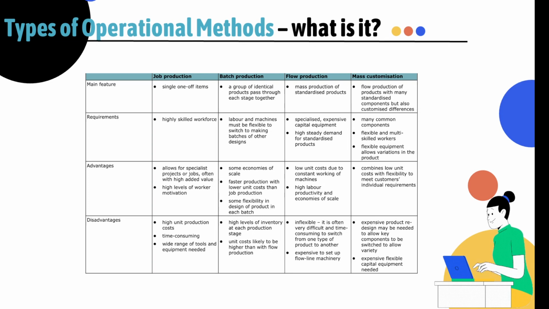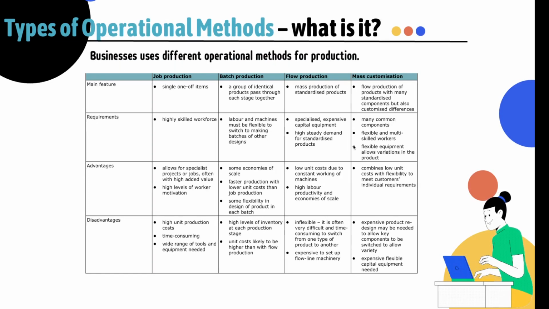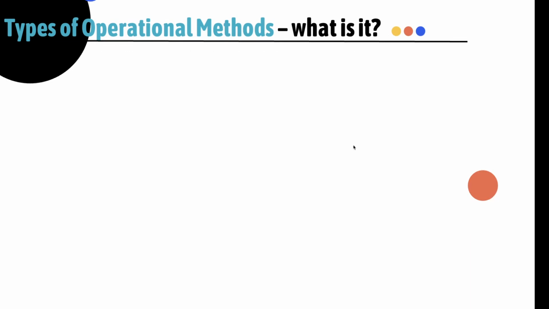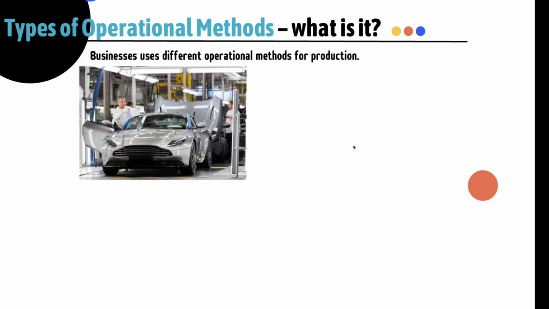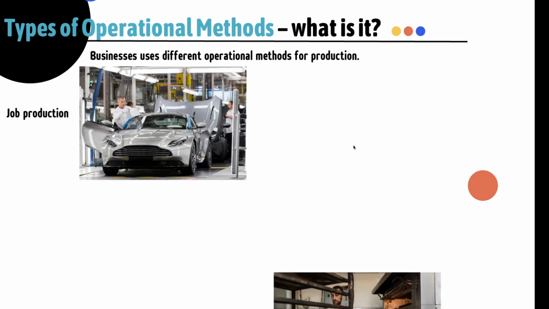Okay, so now let's go on to the next slide here, where you will see the examples of what we showed earlier in the first slide, right? So this car manufacturer, Rolls Royce, is an example of a job production method, where they produce one of different kinds of colors and designs for specific customer needs.